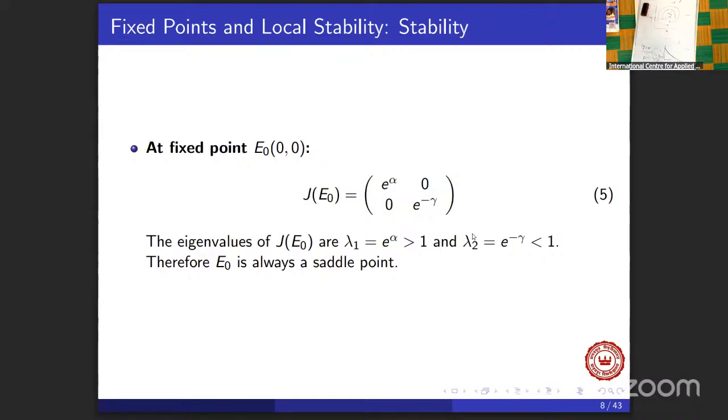In the model system, alpha is greater than 0, so we get a value always greater than 1. And the other eigenvalue, e to the power minus gamma, is less than 1. Therefore, E0 (0, 0) is a saddle point.